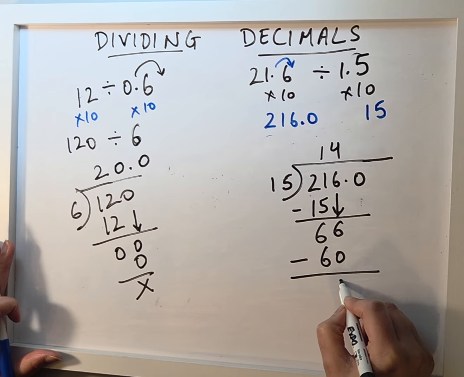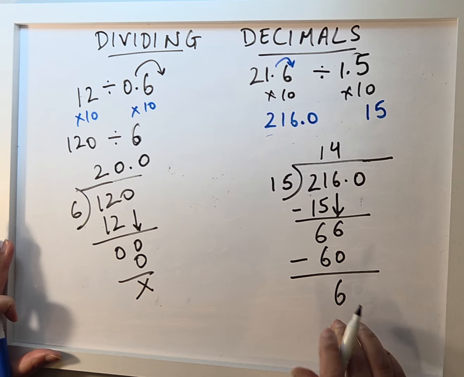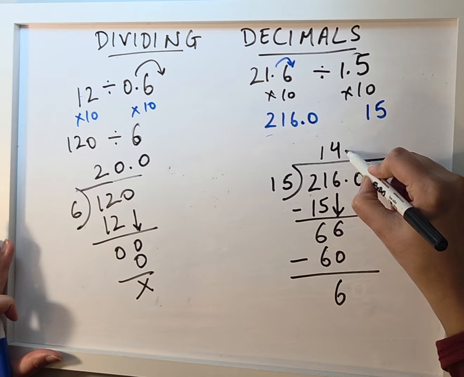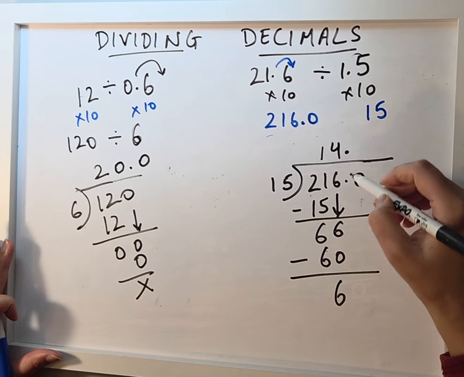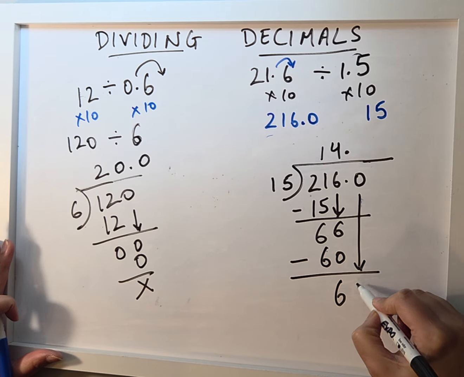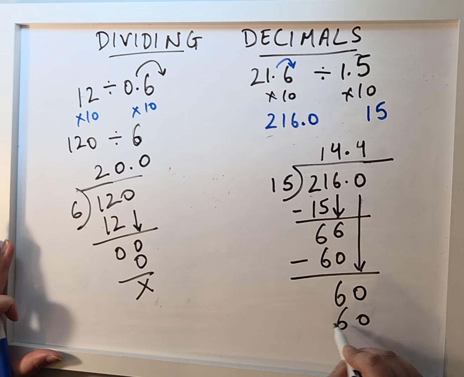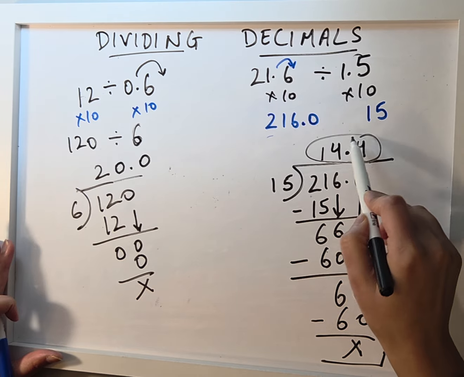So we have 6. We still have a remainder, so we need to solve it further. Because we put a decimal here, we know exactly what is the position of the decimal. And now we bring down 0. So again 15 fours are 60, and we get the remainder 0. So the answer is 14.4.